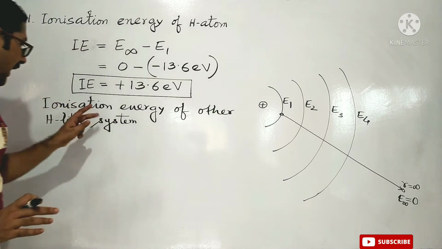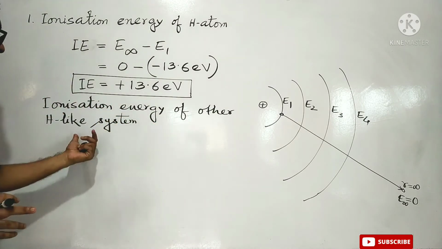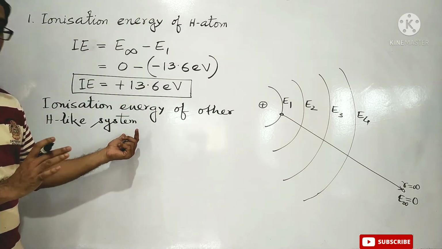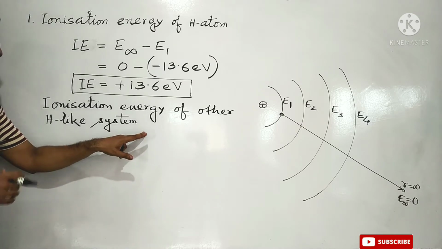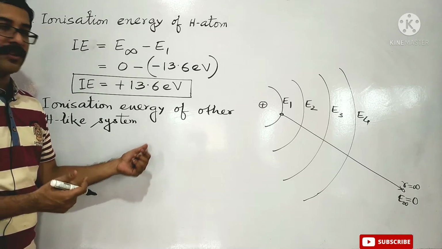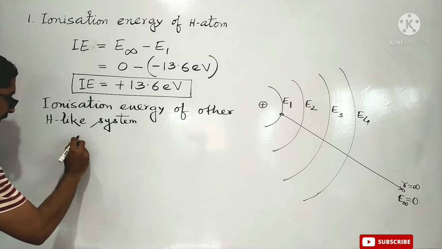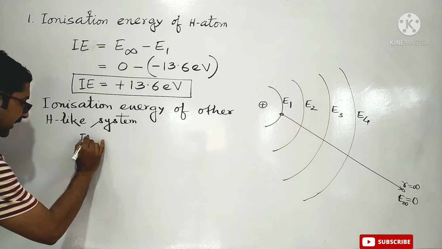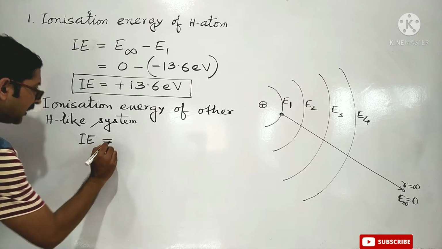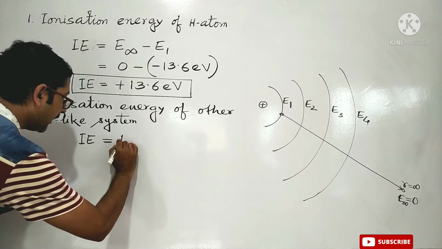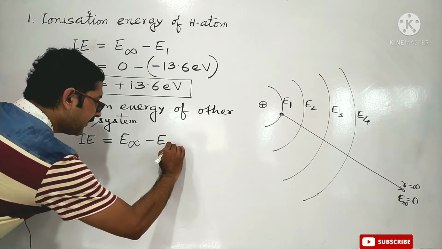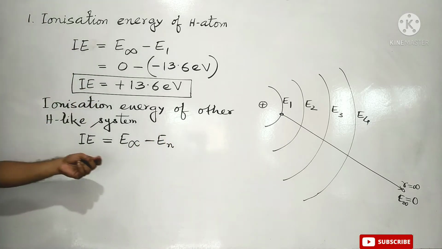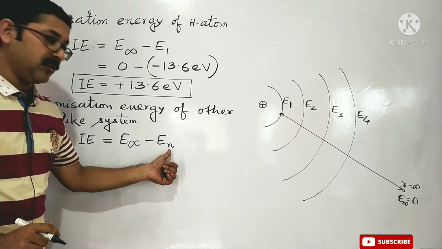So we can write the ionization energy of other hydrogen-like systems, that is monoelectronic systems, the systems which contain just one electron, like He plus, Li2 plus, etc. We can write ionization energy IE equal to E infinity minus En, when the electron is present in the nth orbit.